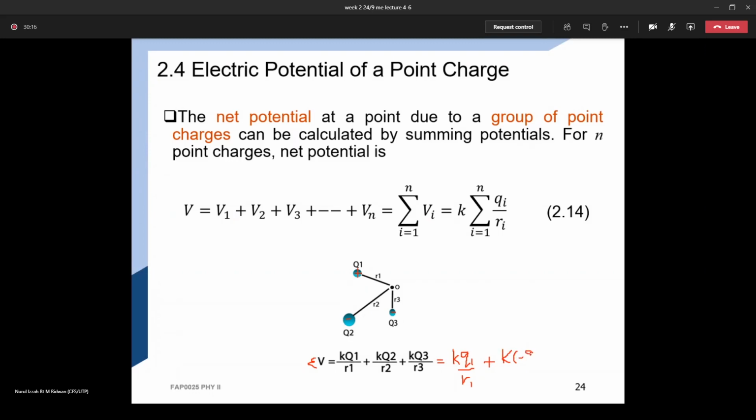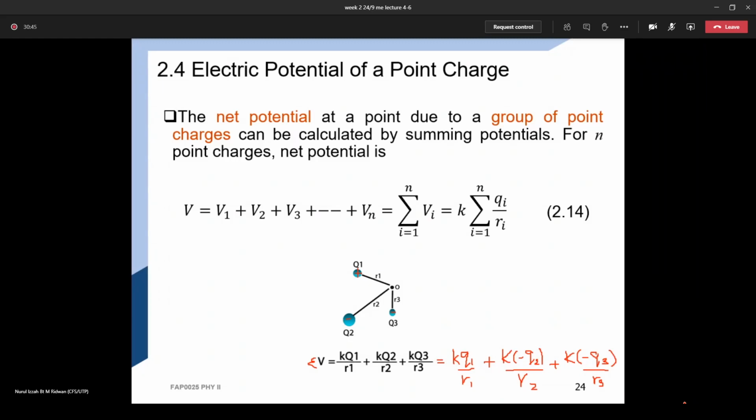I said this just now, you need to consider plus and minus in the calculation. Then make it over r2, and then again for Q3, it is also negative, so negative Q3 over r3. So when you calculate potential, you need to consider the plus and minus sign of the charges.